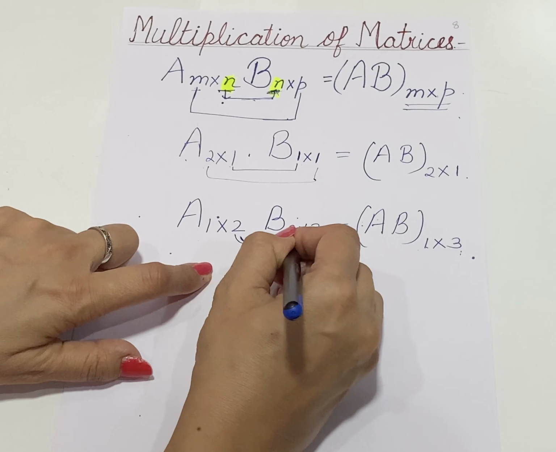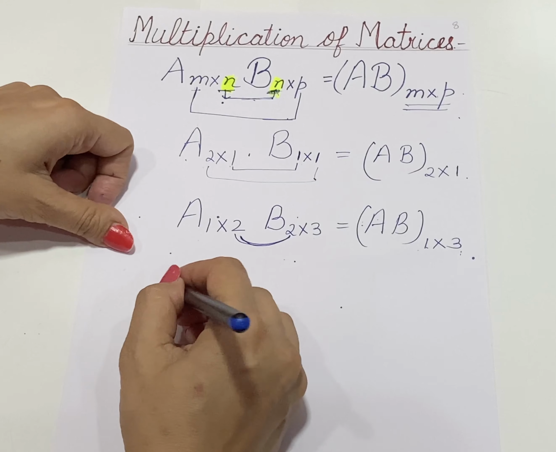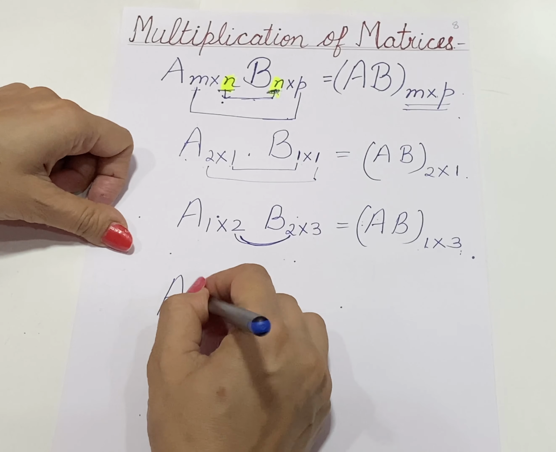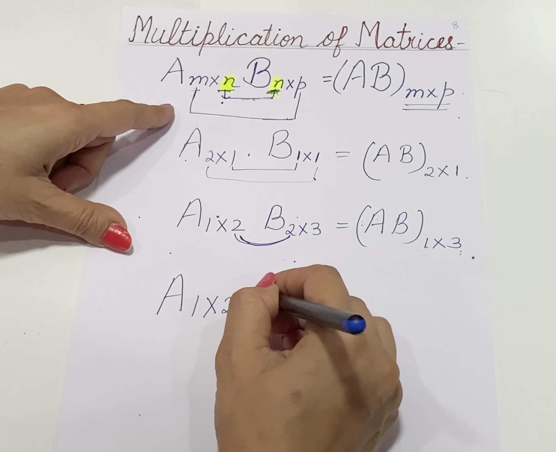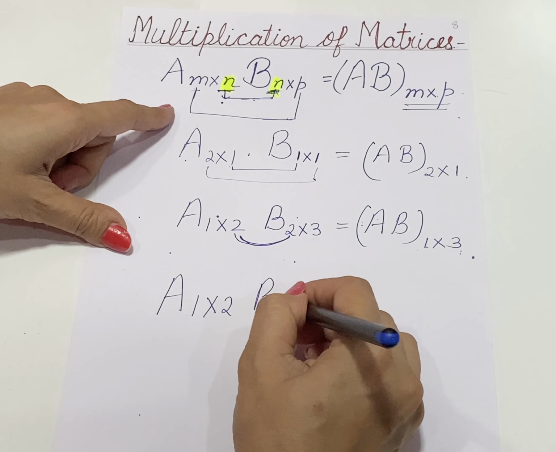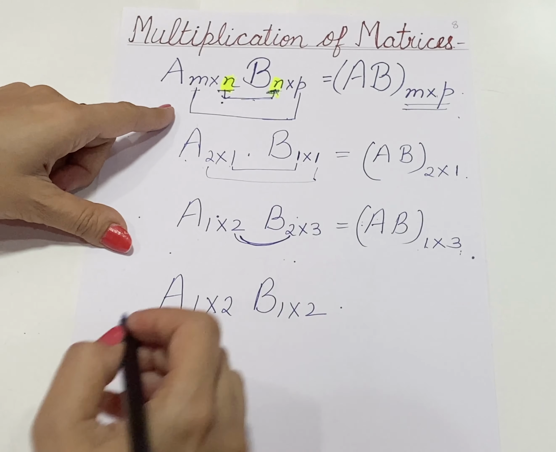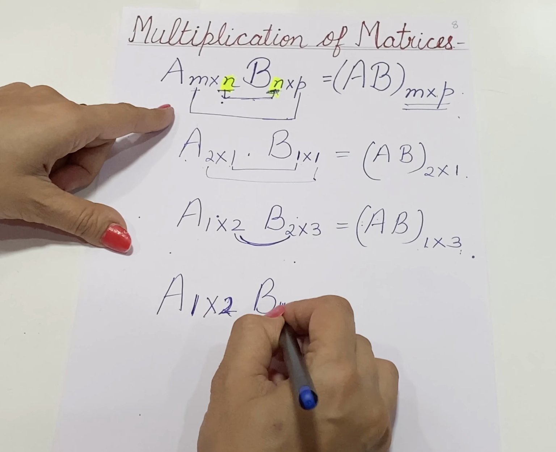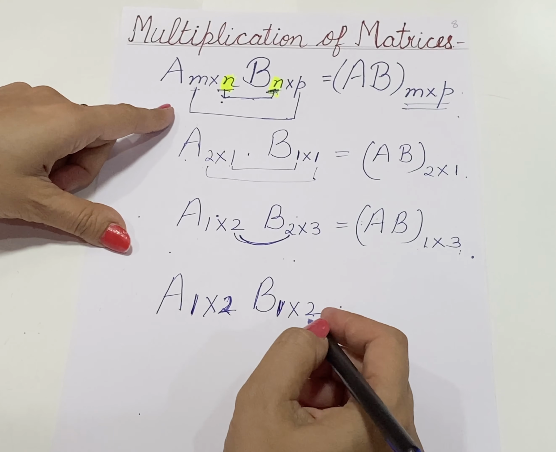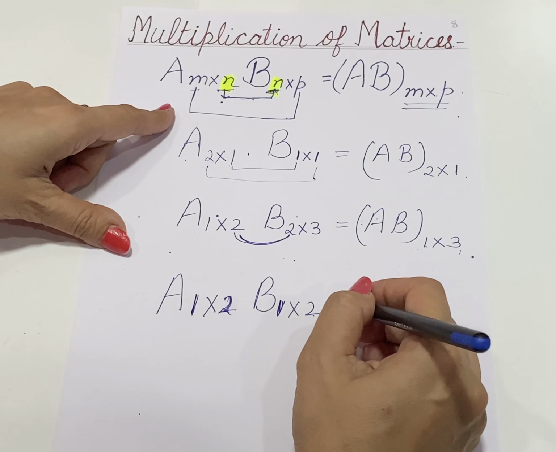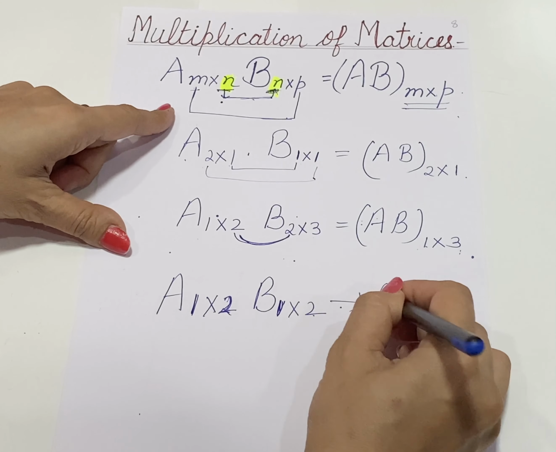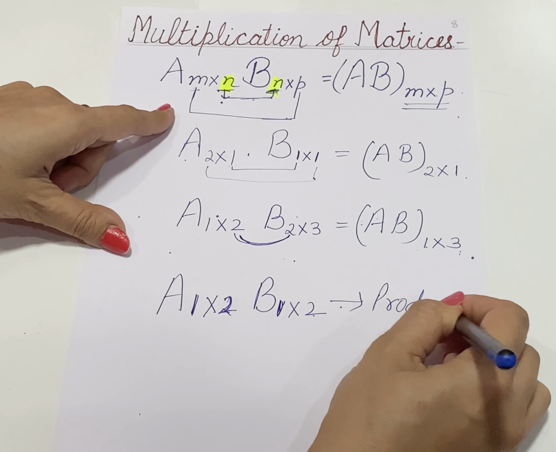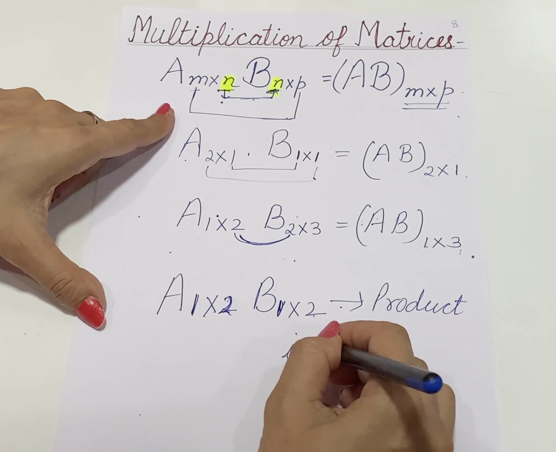This should be equal. If matrix A is of order 1 by 2 and matrix B is also of order 1 by 2, in this case their product is not possible.